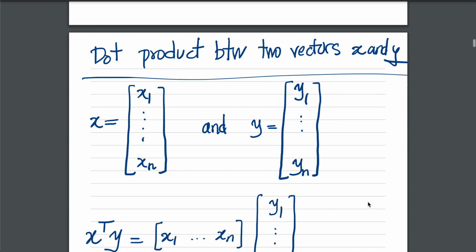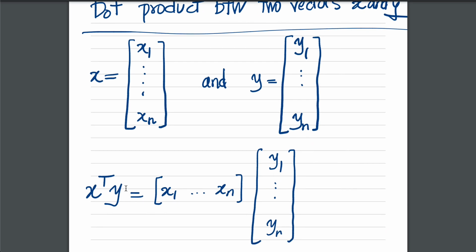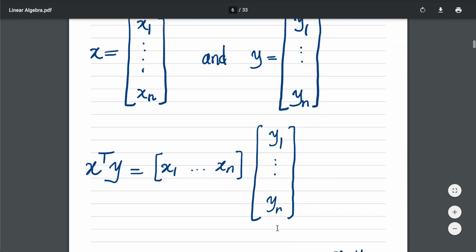Now, what is the inner product, which we also call the dot product, between two vectors, let's say x and y? X transpose, the transpose of this column vector, becomes a row vector, and y remains as it is.